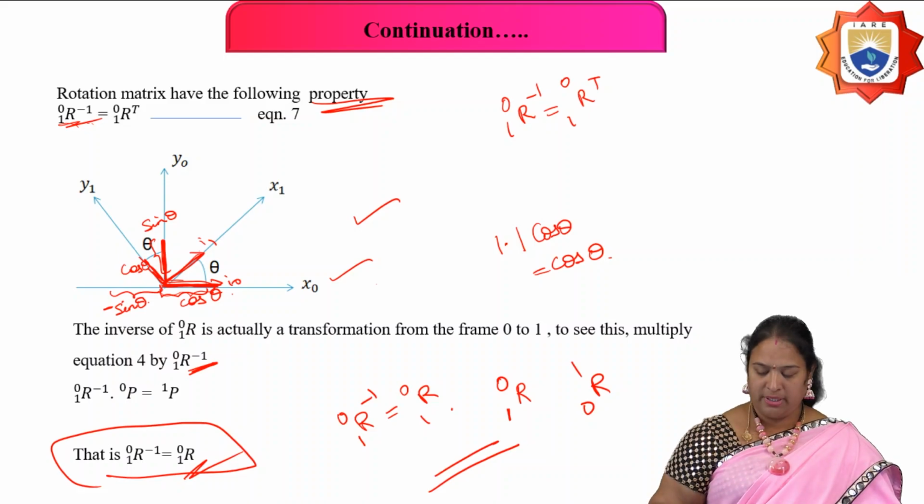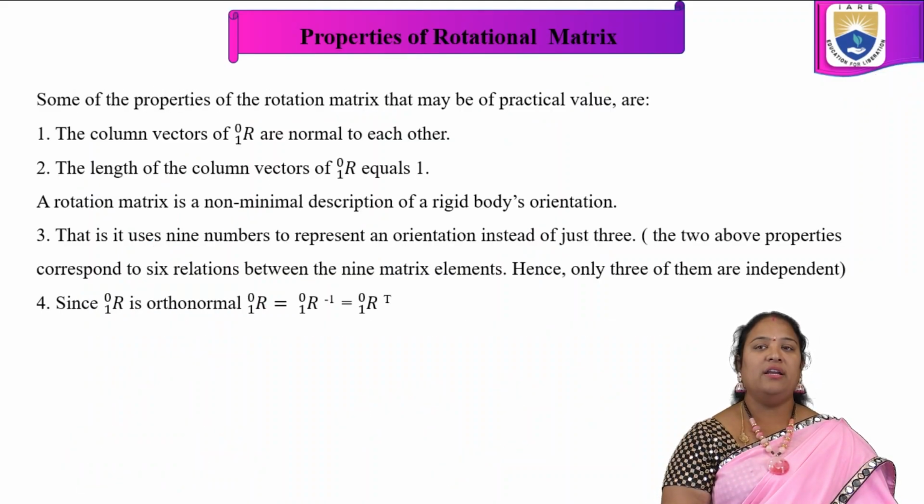So, what are the properties to be considered for any particular rotational matrix to be formed?